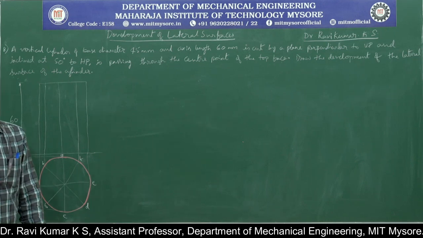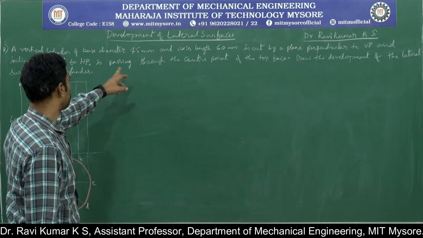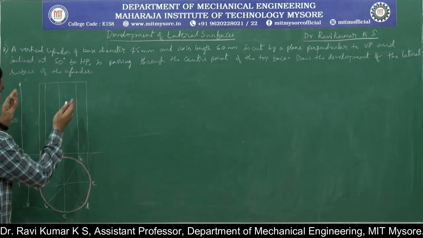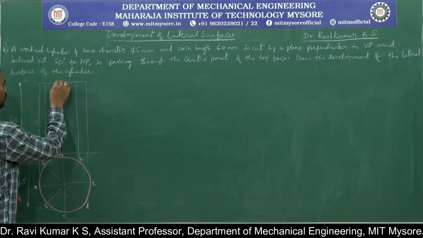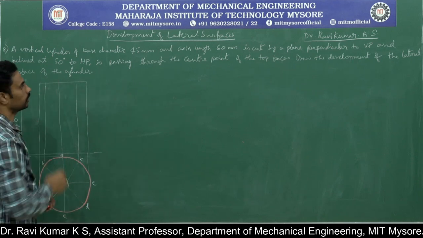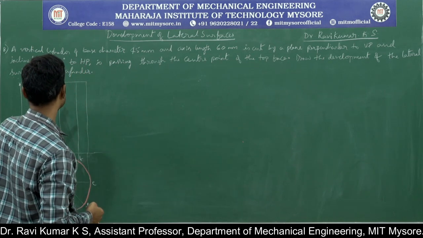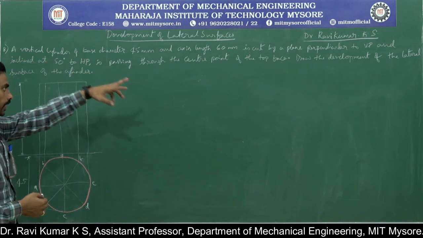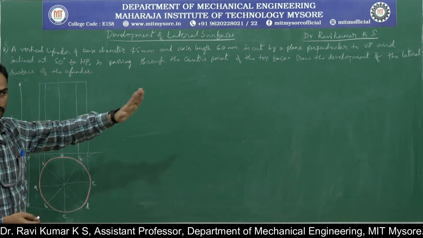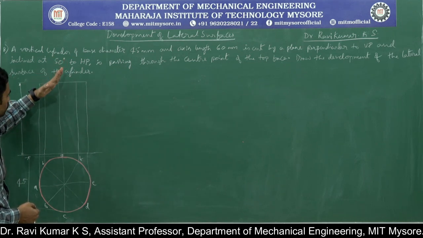Now I need to introduce the section plane. The section plane is passing through the center point of the top face. Top face is this one, so the center point is this. The information about the section plane: it is perpendicular to VP and inclined at 50 degrees to HP, and it has to pass through the center point.